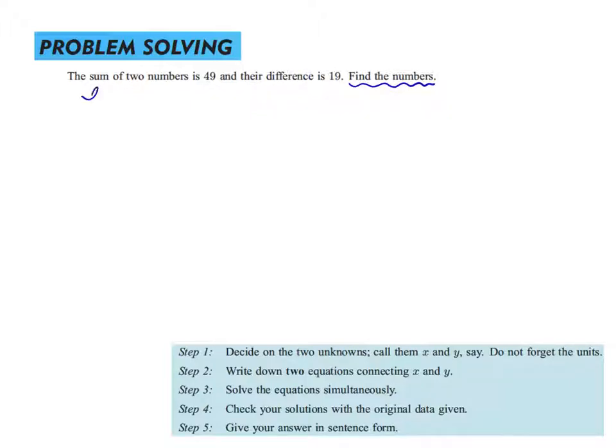And I will say let x and y be the two numbers. It is essential to start by defining my variables, x and y, by telling what they represent, so that when I focus at the many steps that I need to carry, I don't forget actually what was my starting point.